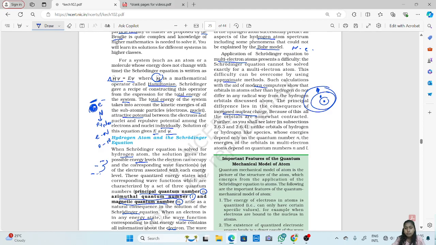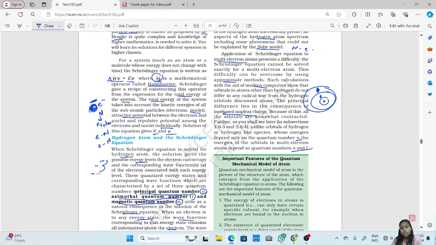Okay. Further, unlike orbitals of hydrogen or hydrogen-like species, whose energy depends only on quantum number n, the energies of the orbitals of multi-electron atoms depend on quantum numbers n and l. Now, the quantum numbers are the principal quantum number, azimuthal quantum number, and magnetic quantum number.